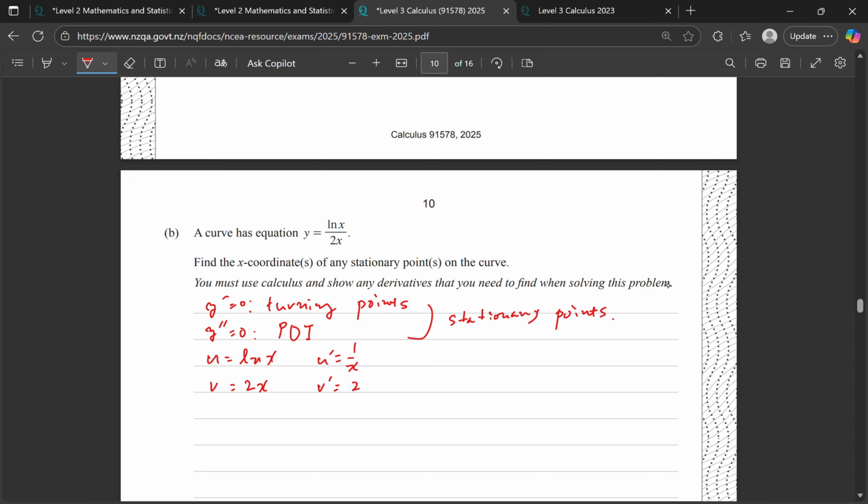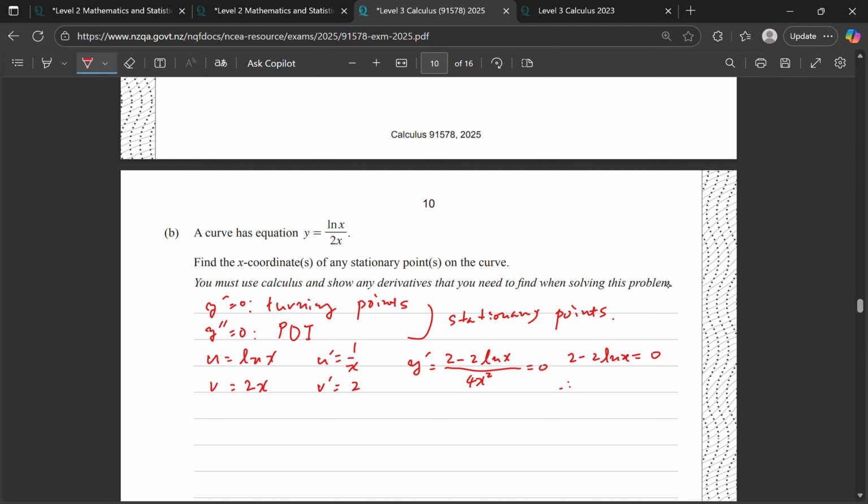Hence, y prime, the first derivative, is (v u prime minus u v prime) over v squared. So it's 2 minus 2 ln x over v squared, which is 4x squared, equals 0. That means 2 minus 2 ln x equals 0.